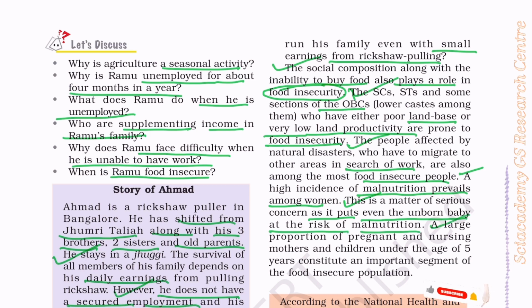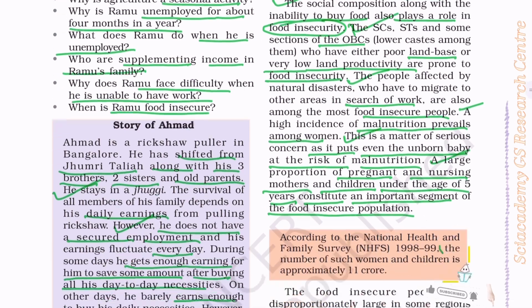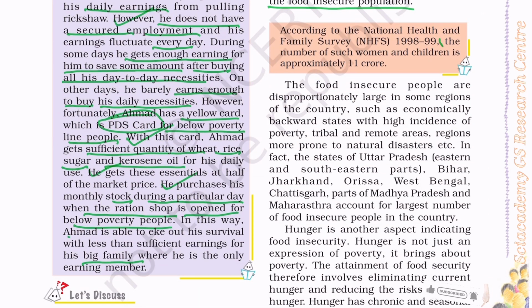A large proportion of pregnant and nursing mothers and children under the age of 5 years constitute an important segment of the food insecure population. According to the National Family Health Survey (NFHS) 1998-99, the number of such women and children is approximately 11 crore.